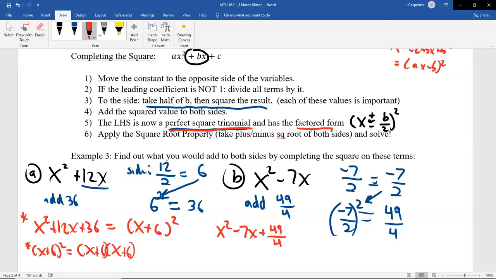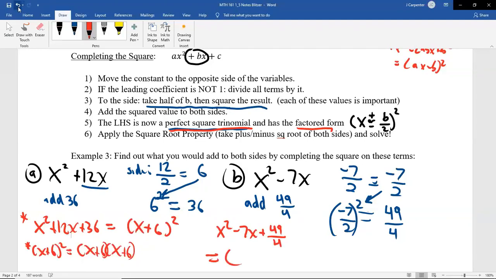Now, if I asked you to factor this trinomial right here, I would actually never expect any of you to know the answer without having done this, because we don't really factor things that have fractions in them typically. It's very atypical. But here's the beauty of this. No matter what this number is, fraction, decimal, whole, whatever, because we did this process, we know that this number we acquired by halving the negative 7 and then squaring it.